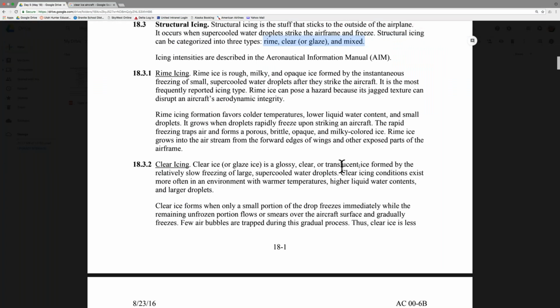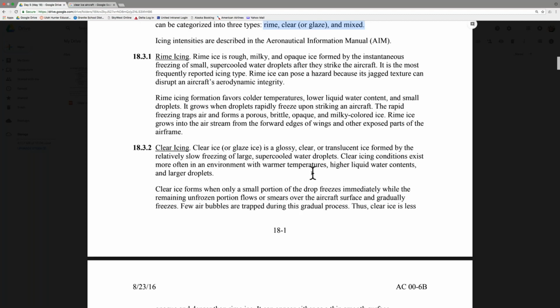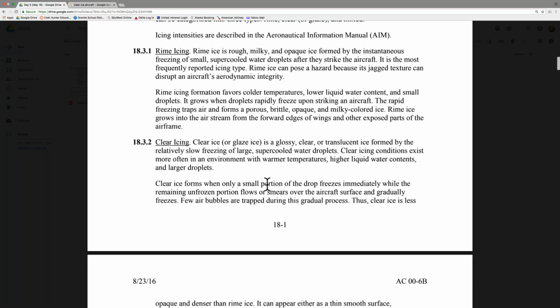So clear ice is a glossy, clear, translucent ice formed by relatively slow freezing of large supercooled water droplets. It occurs more often in warmer temperatures, high liquid water contents, and larger droplets.